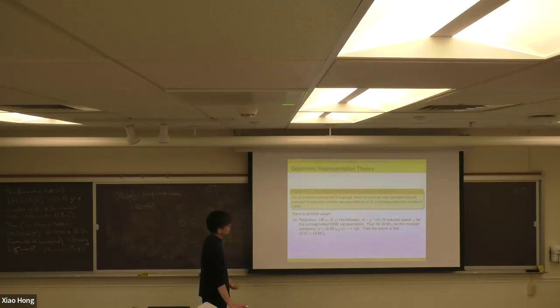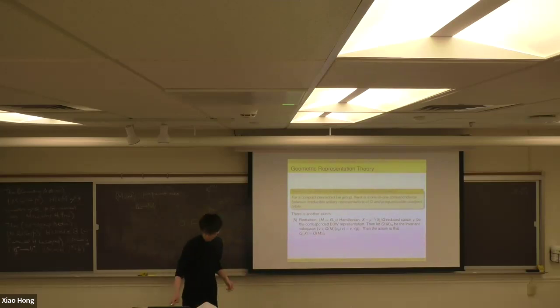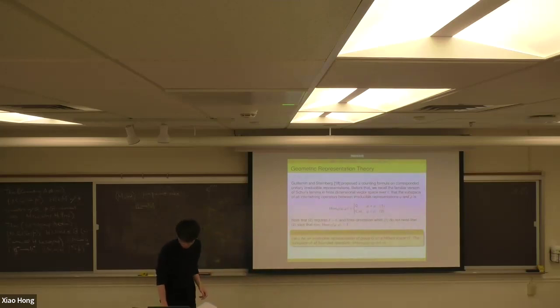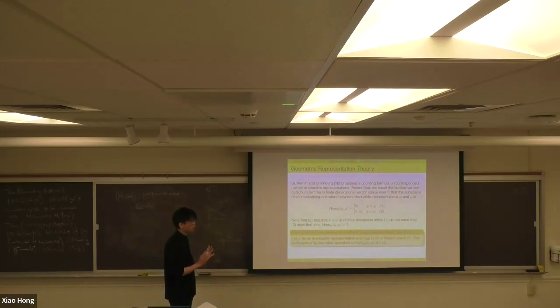Then the axiom is that the pre-quantum Hilbert space you associate with the reduced space is the same as this invariant subspace. And Guillemin and Sternberg proposed a counting formula on those corresponding unitary irreducible representations.